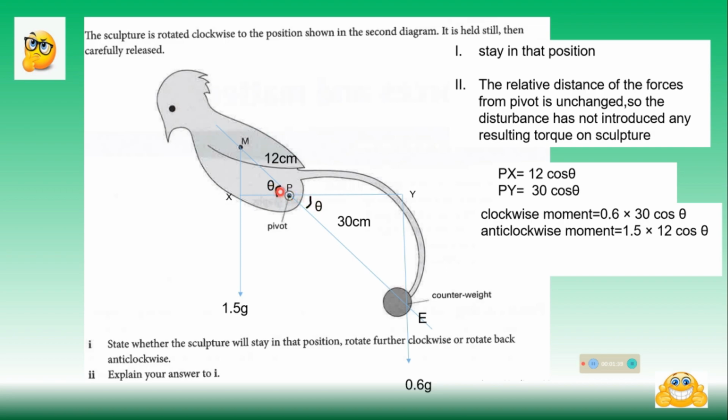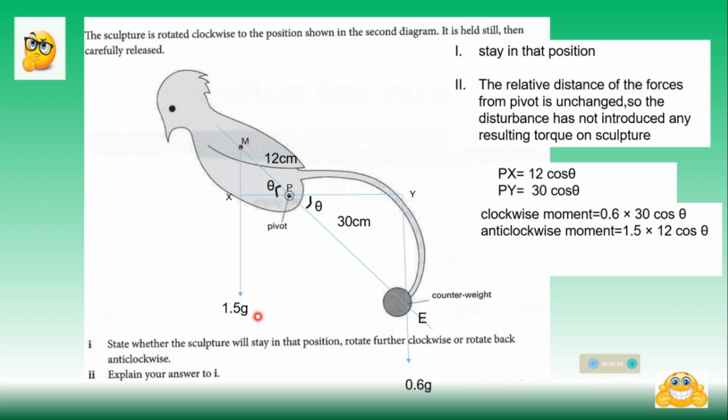Similarly, we can say that the Px value will be 12 cos theta and Py will be 30 cos theta. So the clockwise moment will be 0.6 g multiplied by 30 cos theta, and the anti-clockwise moment will be 1.5 g multiplied by 12 cos theta.